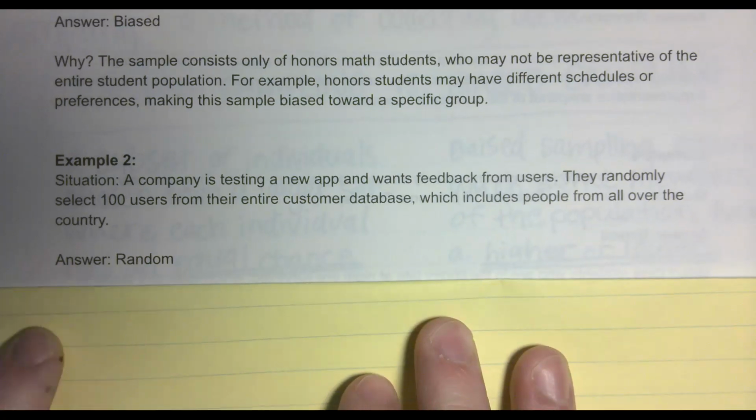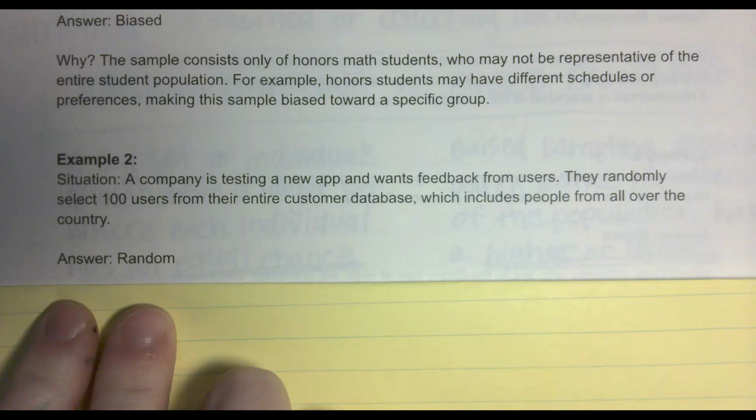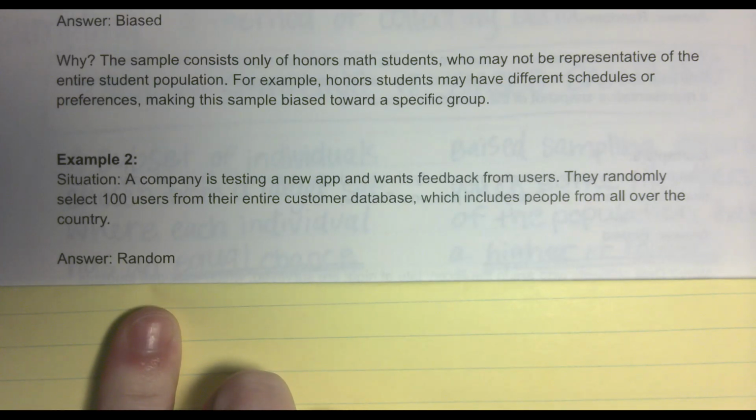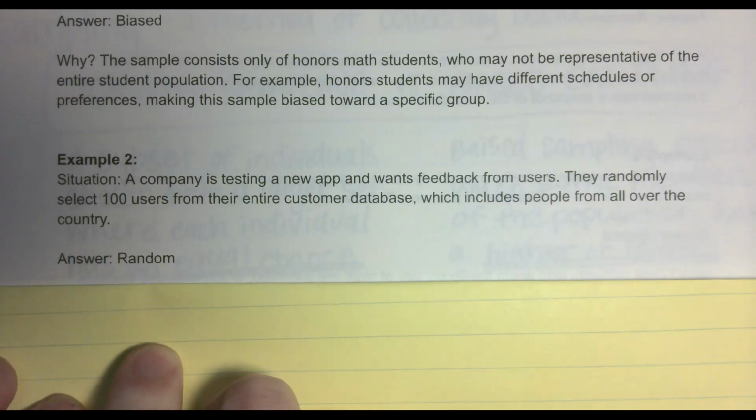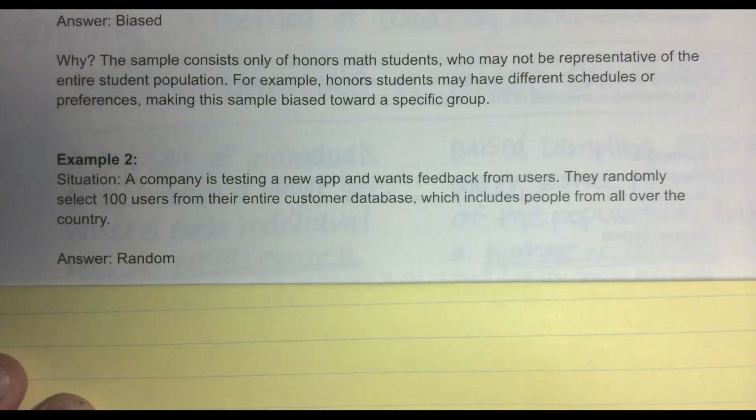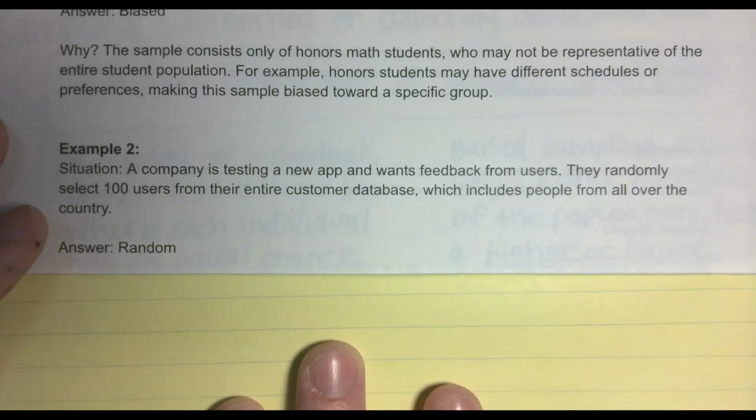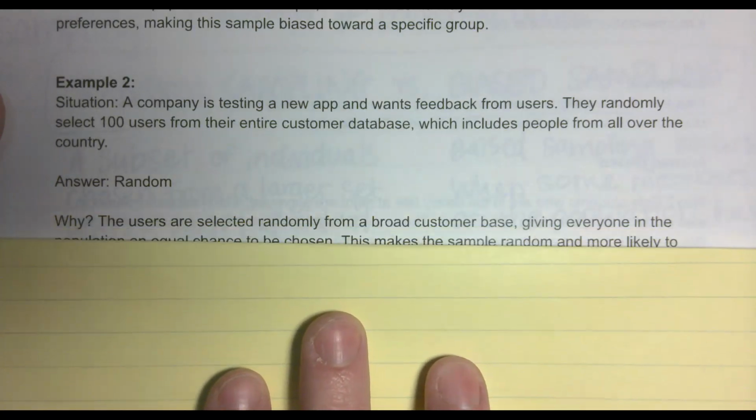However, in this case, we would consider it random because the population for this survey in particular is limited strictly to the people that have the app. So if you don't have the app, you cannot give feedback. You would be ineligible.